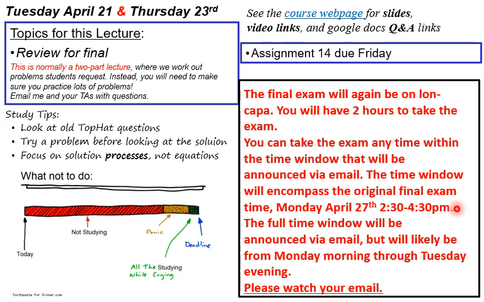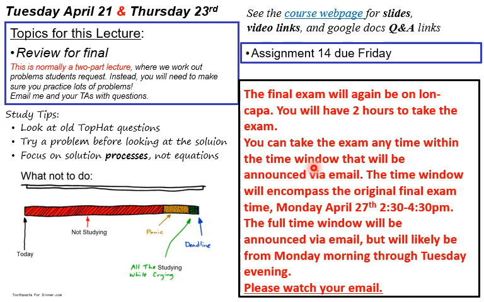However, what we're going to do with this exam is like we did with exams 2 and 3, where you're going to have some amount of time to take the exam. So in this case, you're going to have 2 hours to take the exam. Once you start, you only have 2 hours to do it, but you can have that 2 hours anytime within a given time window that we're going to announce.